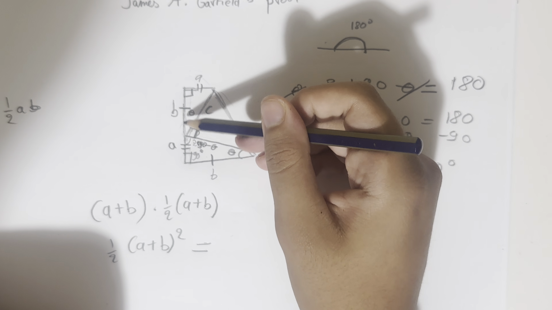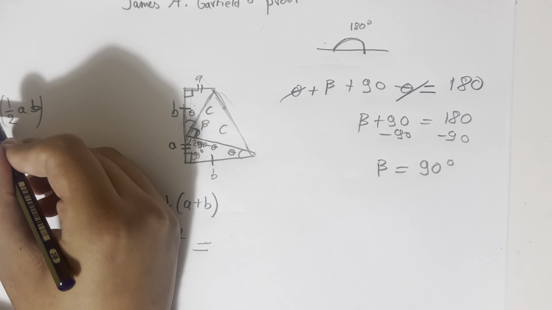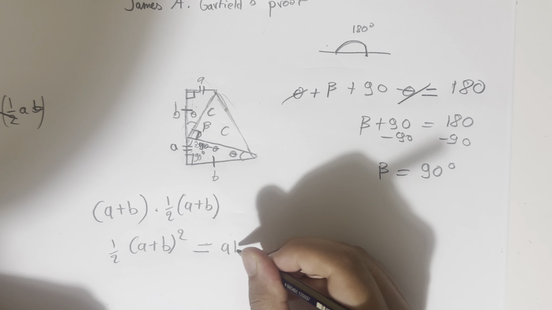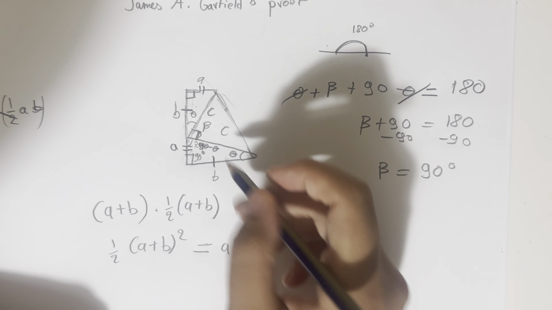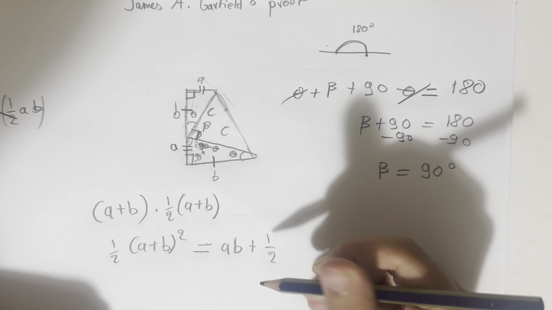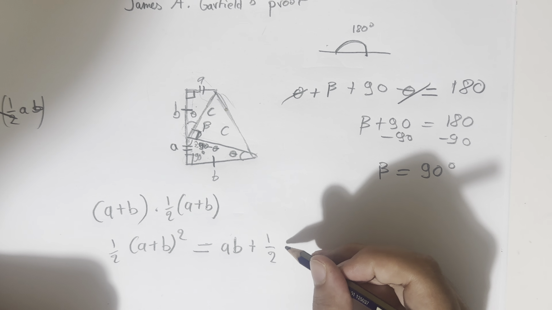However, since we have two of these right triangles, we're going to multiply that by 2. And so the 1/2 and the 2 cancel each other out, and we're left with AB. And to that, we add the area of this right triangle, which is 1/2 times C, the height, times another C, the length, so 1/2 C squared.